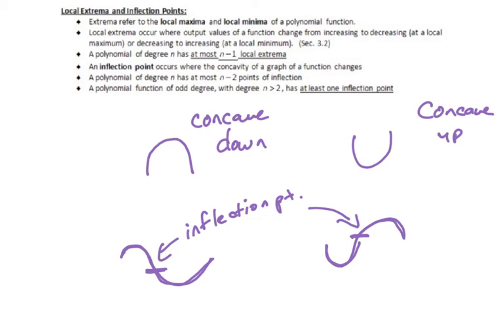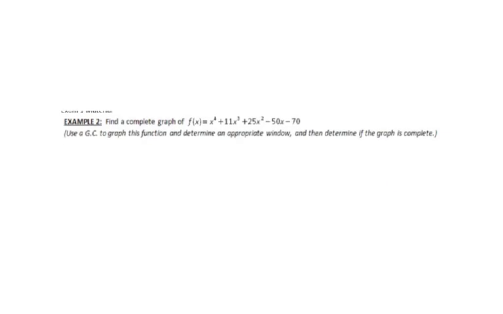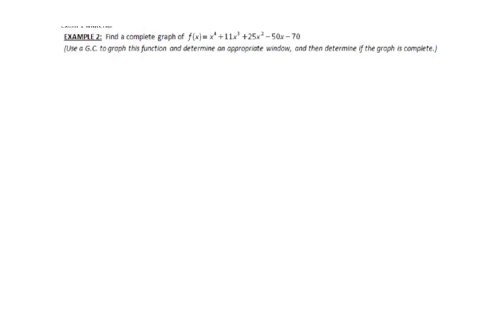A polynomial of degree n has at most n minus 2 points of inflection, and a polynomial function of odd degree n greater than 2 has at least one inflection point. Okay. All right, so find a complete graph of such. So this is actually asking us to graph this on a calculator.